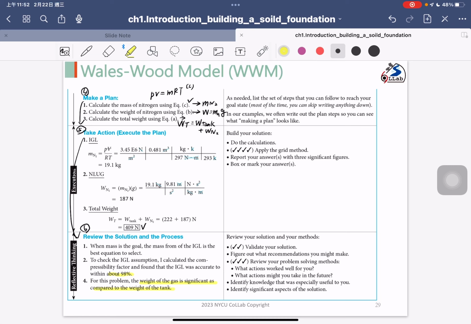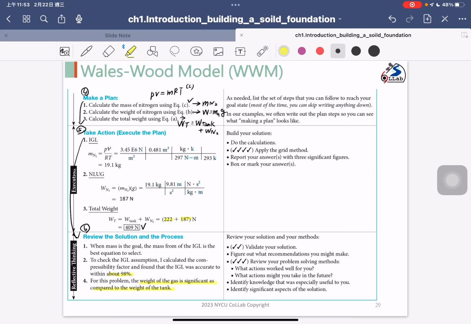For this problem, the weight of the gas is significant compared to the weight of the tank. The weight of the tank is 222, but the nitrogen's weight is 187. So you can compare, and it makes sense because the volume of the nitrogen is still large enough, so it can have a very heavy weight for our system.